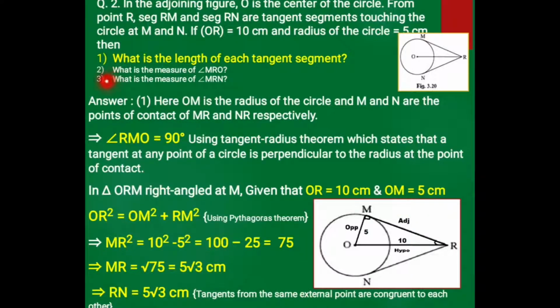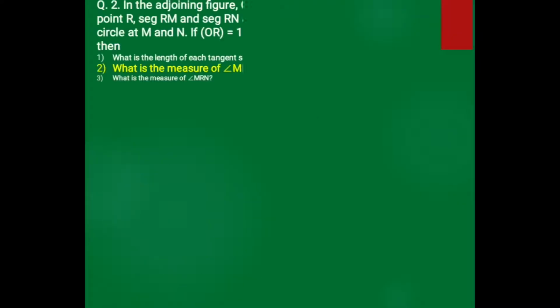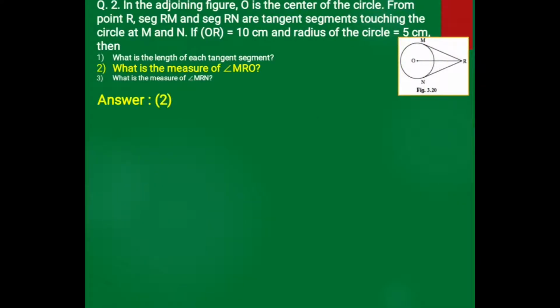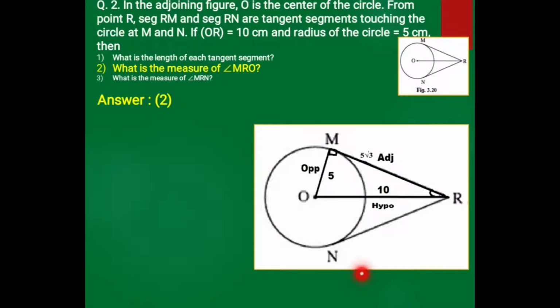Now see the second sub question. What is the measure of angle MRO? Now we have to find this angle at point R. So we write the value of MR, which is 5 root 3, OM, which is the radius 5, and OR, which is given as 10.